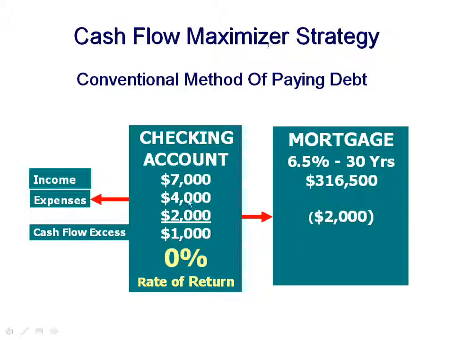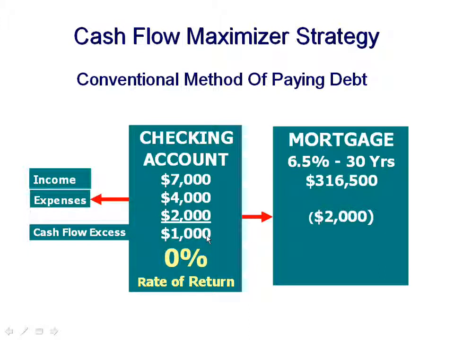Then Joe writes a $2,000 check for his mortgage to the bank, which reduces his mortgage. Plus he has $4,000 in other checks to cover his other bills. So basically what we have is $7,000 coming in and $6,000 going out in expenses, which leaves an extra $1,000 lying in his checking account each month. That unfortunately earns Joe 0% return.